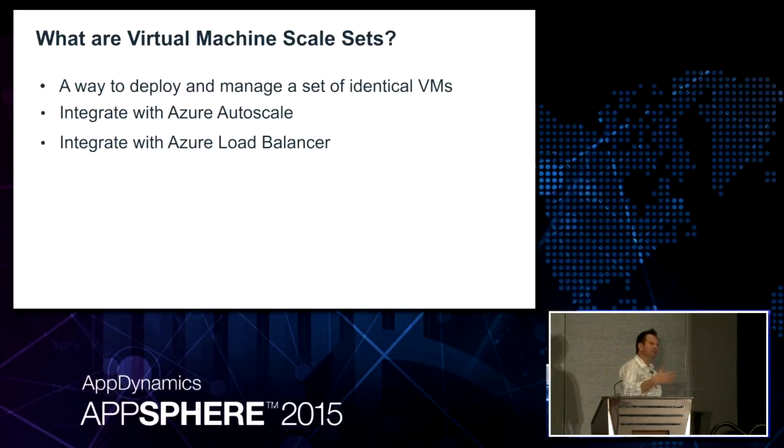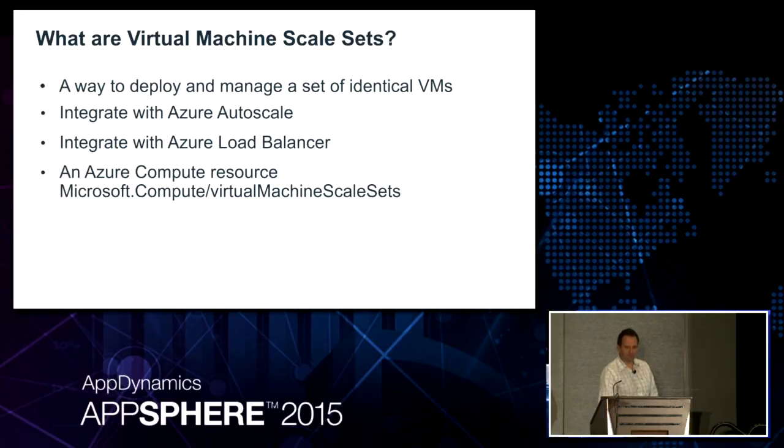So you don't need to define load balancer rules for every VM, because if you just have a single VM, you create a new instance, you probably need to make that thing available to the load balancer, you need to create a new probe, and so on and so forth. That's all built in for you. It's its own resource provider, so you can actually set permissions and stuff like that on it.